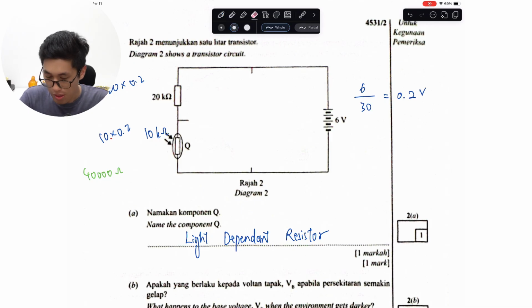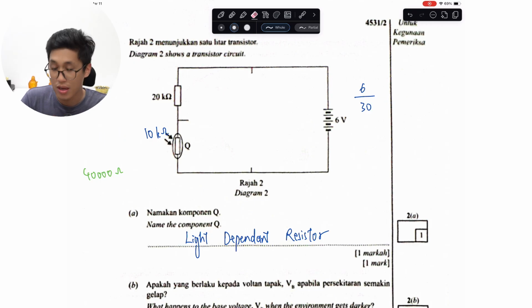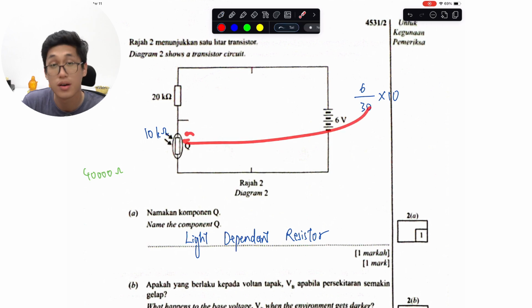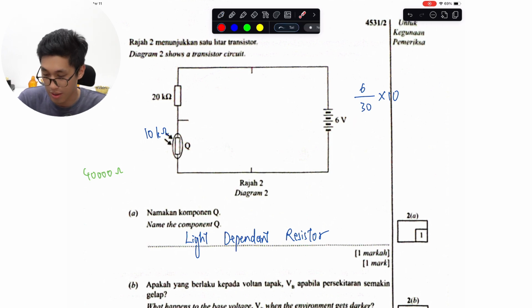The more straightforward way to write this is, after you divide, you straight away multiply. You multiply 20 for the top, or you multiply 10 for the bottom one. Understand?